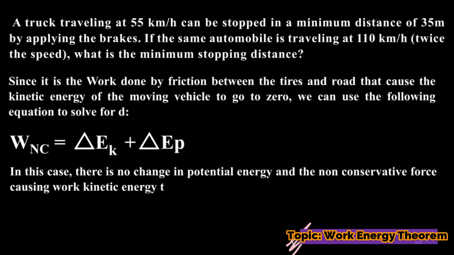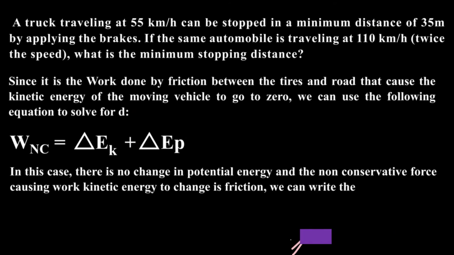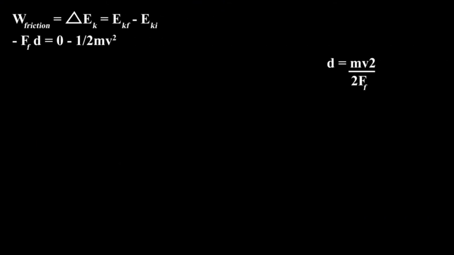So therefore we can write the equation as work friction is equal to the change in kinetic energy, because we have said that the change in potential energy is equal to zero. Right? If work friction is equal to the change in kinetic energy, then we can simply write that as W friction is equal to EK final minus EK initial.